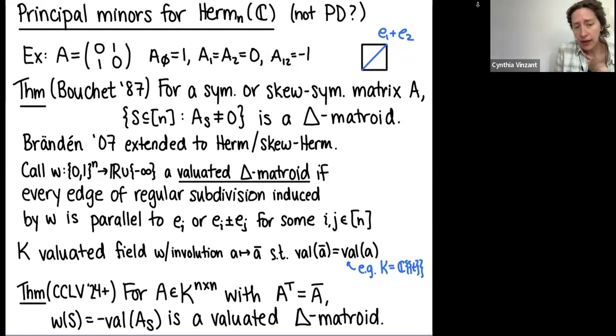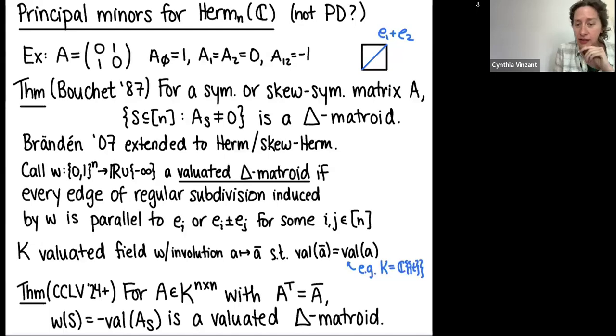Then if you start with your favorite field with valuation that has some sort of automorphic involution, for example, the field of complex Puiseux series with complex conjugation, and you take an n by n matrix over that field that's Hermitian, in the sense that its transpose is equal to its coordinate-wise image under this involution, then you take the valuation of its principal minors.